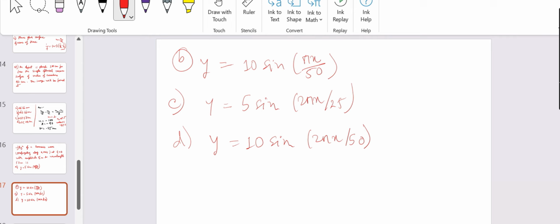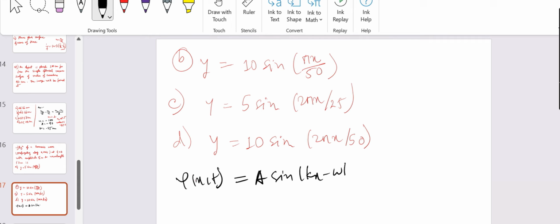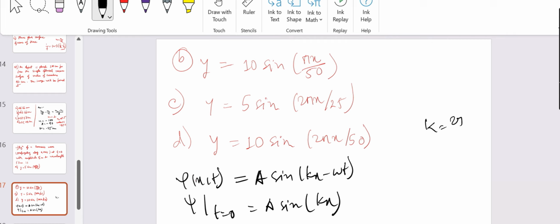So we need to know that at t is equal to 0, psi(x,t) is basically A sine(kx minus omega t). At t is equal to 0, it would be A sine kx. So k is equal to 2 pi by lambda.